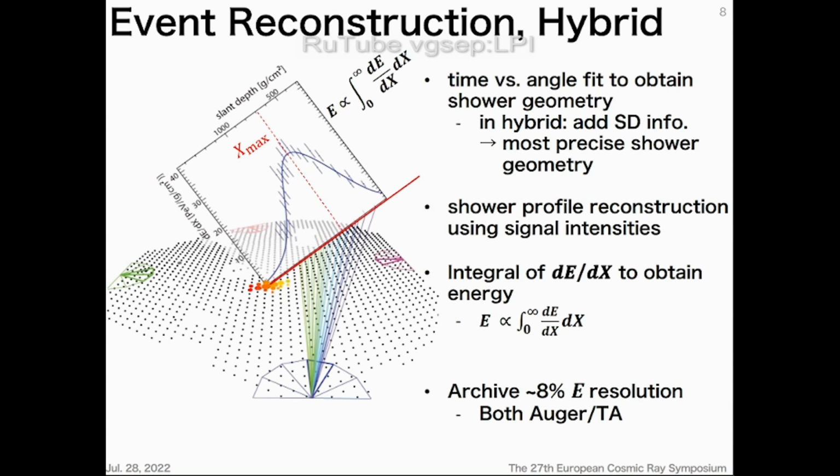Then, using the reconstructed shower axis, we perform the shower profile reconstruction using the signal intensity obtained by the fluorescence detector. We can determine the Xmax, and by integrating the shower profile curve we obtain the FD energy. With this technique we achieve 8% energy resolution in both the Auger detector and the TA detector.